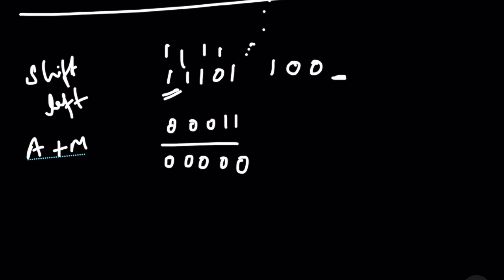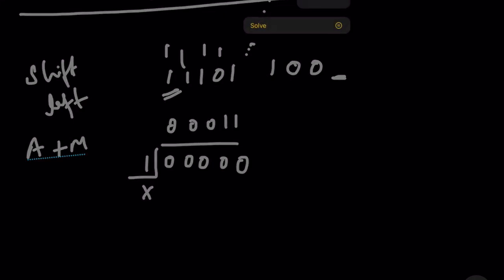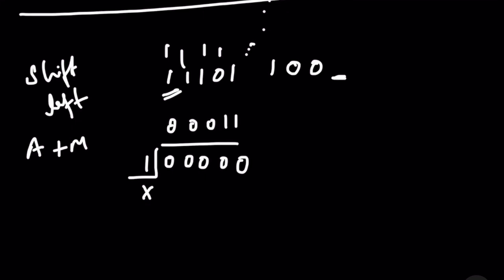So 0, and this one over here can be ignored, even though it is a 5-bit storing accumulator. Now we are getting a 6-bit result, so a 1 will be ignored, right?